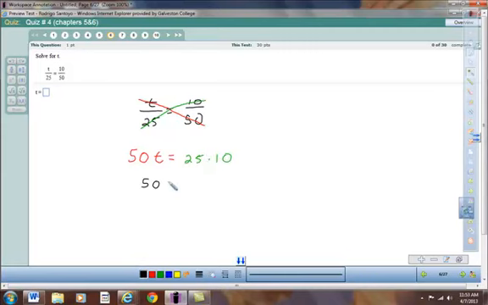So we get 50t to equal 250. And to get t by itself, we know we just divide by 50. And when we divide 250 by 50, it's going to give us a nice solution of 5.